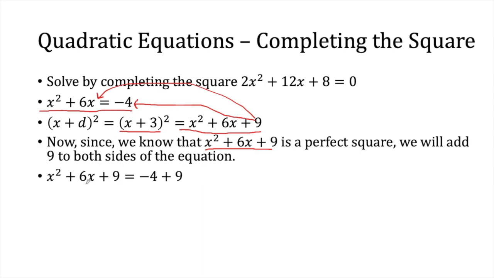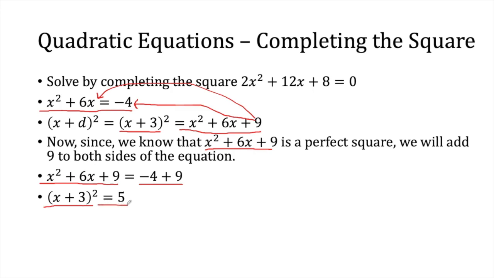So we will add 9 to both sides, and on the left hand side we will get x squared plus 6x plus 9, which is our desired result, and on the right hand side we'll get negative 4 plus 9. So we can write x plus 3 the whole squared on the left hand side, and the right hand side evaluates to 5.